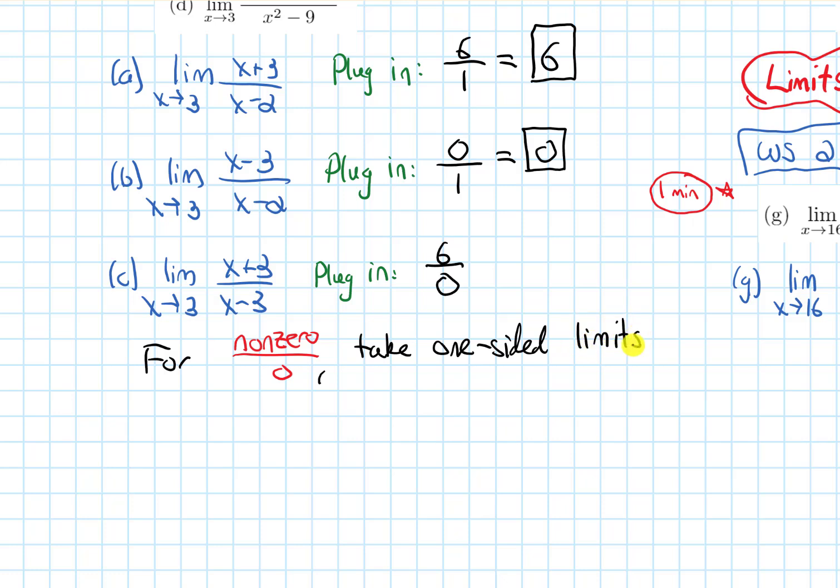So we're going to take one-sided limits, and recall that when we do that, these will be infinity or negative infinity. All right, so let's evaluate those one-sided limits. Maybe let's start with the one from the right.